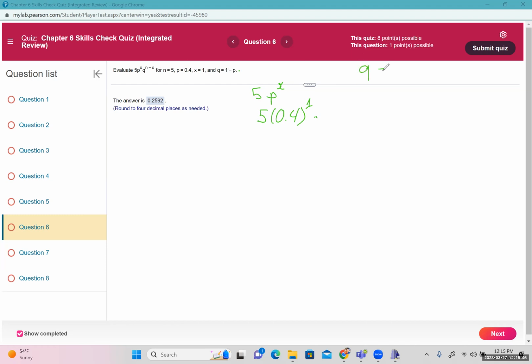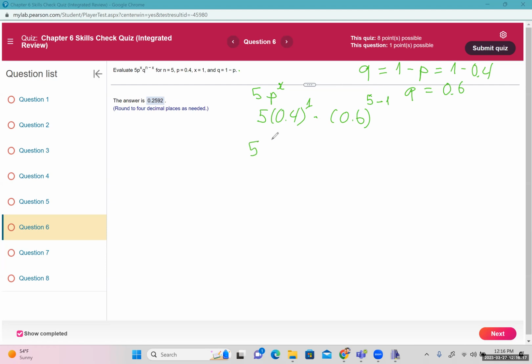So let's do a substitute. 1 minus p, and p is 0.4, right? 1 minus 0.4. And so then q is equal to 0.6. So q I substitute now to be 0.6, to the power n minus x, right? N was 5 minus x, x was 1, right?